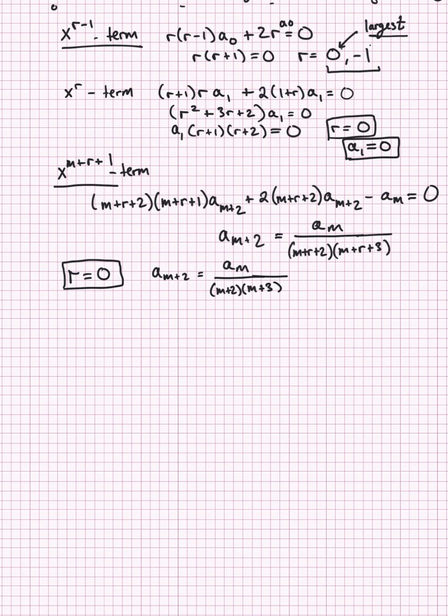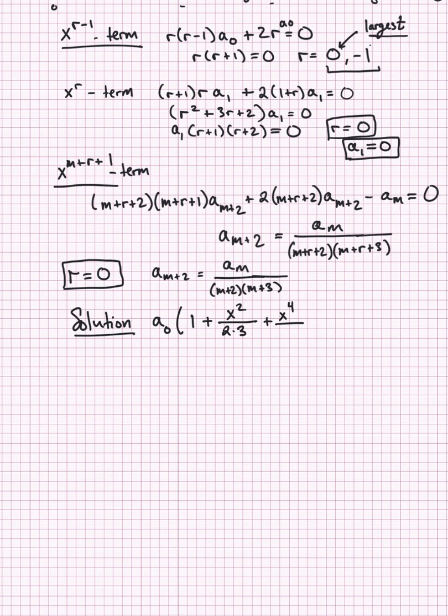All right, and now since I'm assuming r equals 0, our solution is going to be a naught times 1, and then I get plus... here I'll write out the first couple of terms. Here, it's easy enough to write down the general formula. When I'm getting a2, I'm getting x squared over 2 times 3.